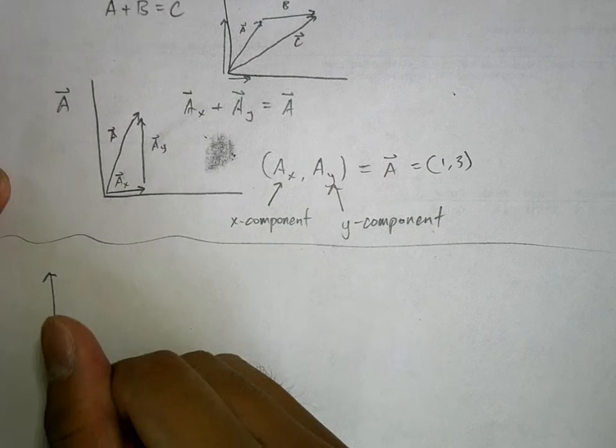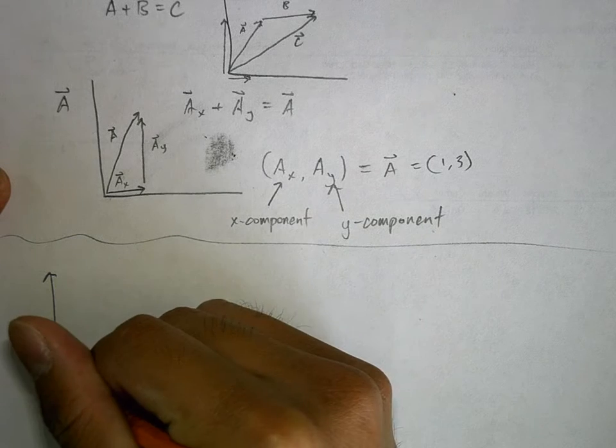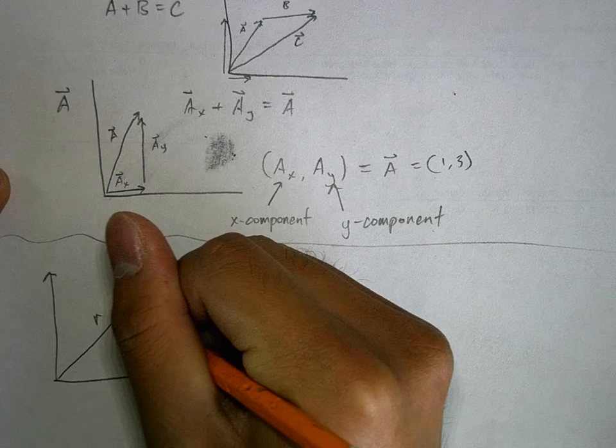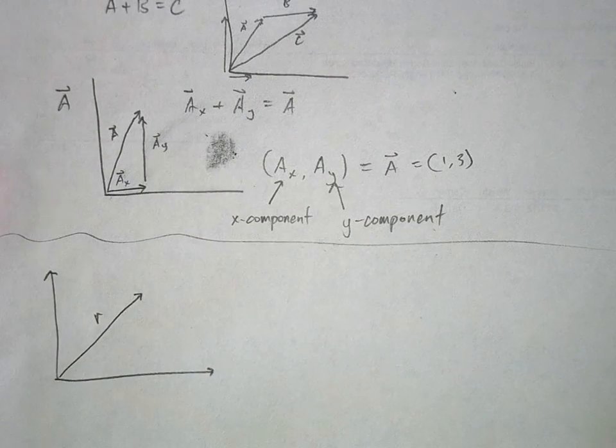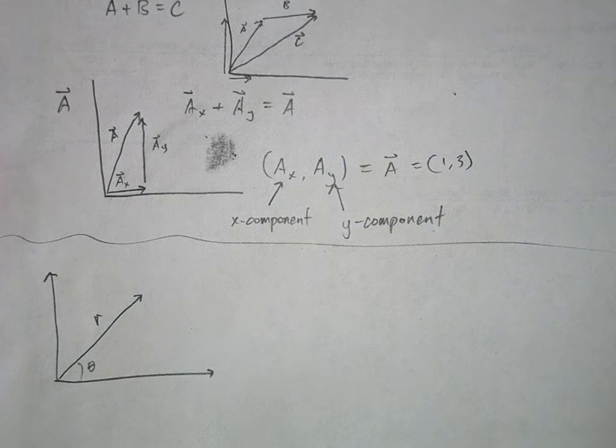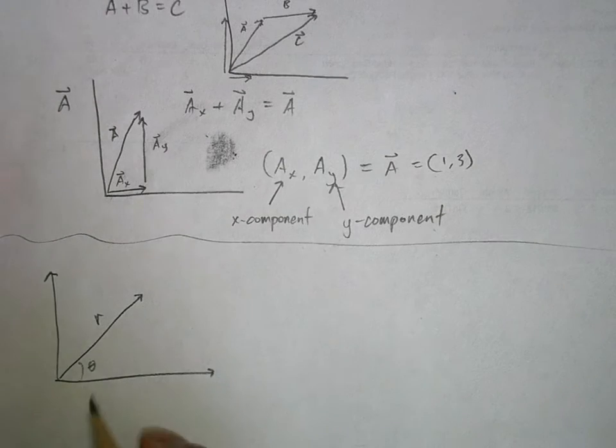Again, you're starting with your xy plane. You've got that vector, which has length or magnitude r, and has that direction theta over there. And so what we want to do again is to turn this into its components. Let's call this vector b.